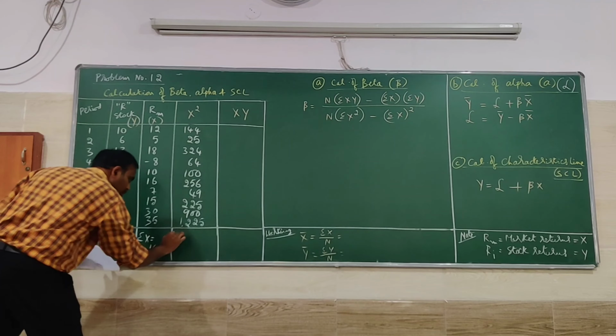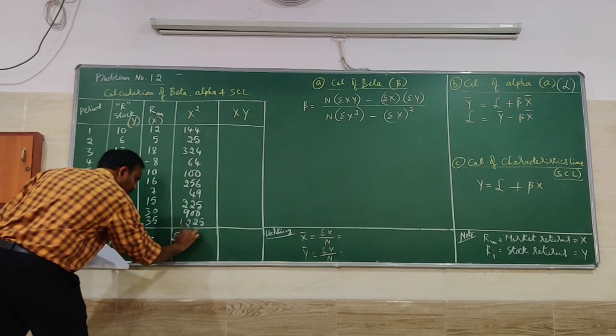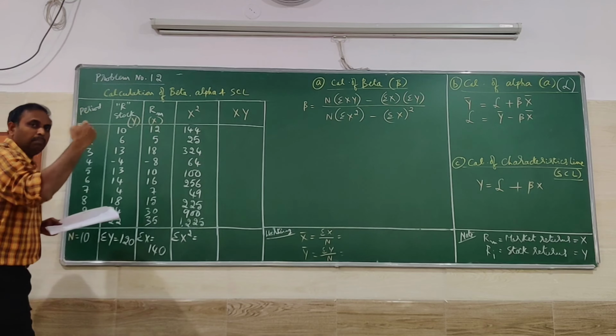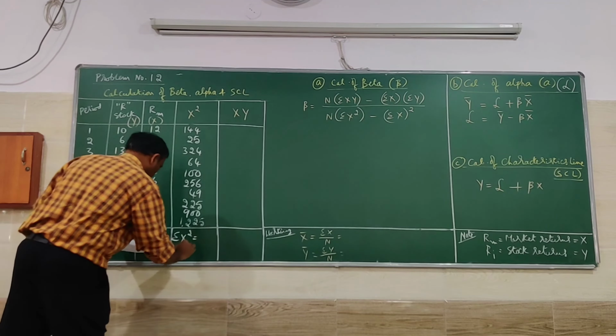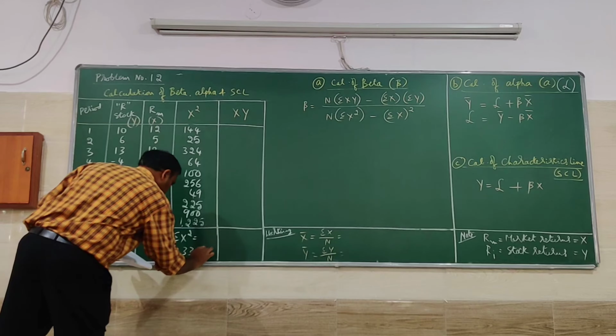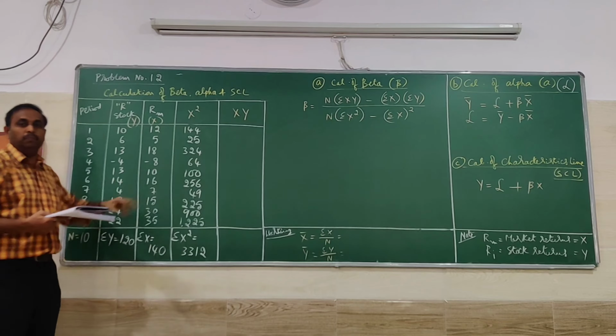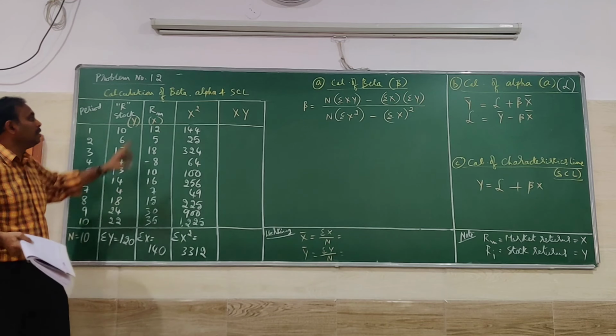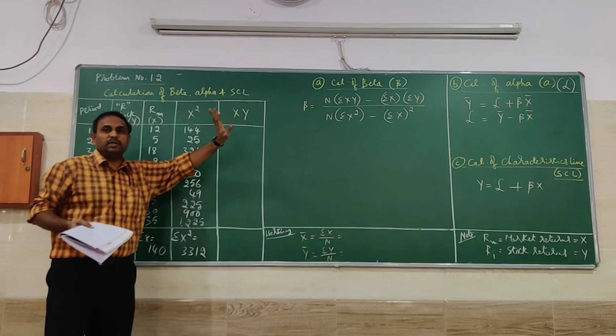So we can add this also, that becomes summation X square, or the sum of the X square column, 3312.